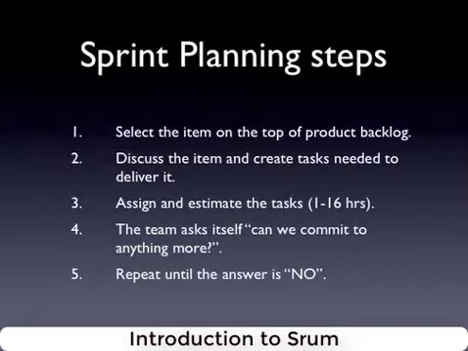So the team asks itself, with a little help from the Scrum Master, can we commit to anything more? Can we take anything more into the sprint? And if the answer is yes, then the process repeats itself. We look again at the product backlog, and we take the item from the top and consider it, etc. Sometimes at the end of this planning, if the team feels they have just a little room left, they might skip a large task which is immediately on top and take a task which is below it.